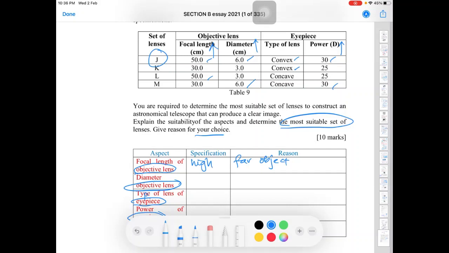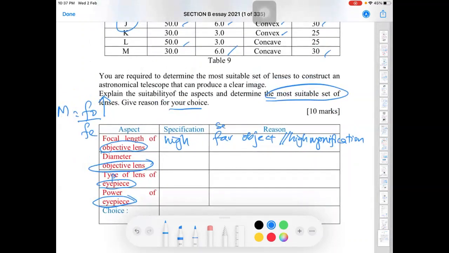Dan lagi satu you kena tahu, you punya magnification adalah FO over FE. So kalau FO you besar, you akan magnify besar. Jadi you akan dapat high magnification. Okay, so jadi you boleh tulis lah to see far object ataupun greater higher magnification.